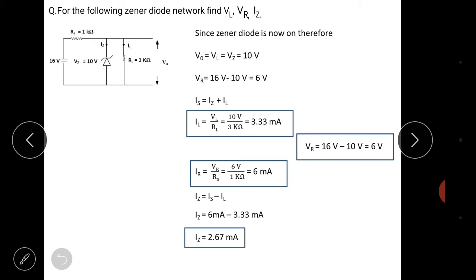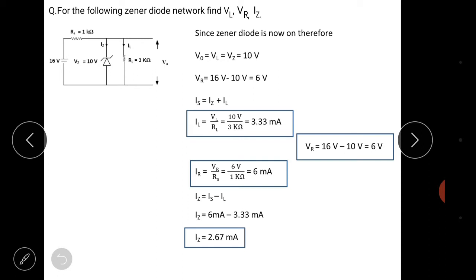Likewise, we can find IR, because the voltage across R is known as 6 volt and the resistance is 1 kilo ohm, so IR is equal to VR upon RS, that is 6 volt upon 1 kilo ohm, which is equal to 6 milliampere.